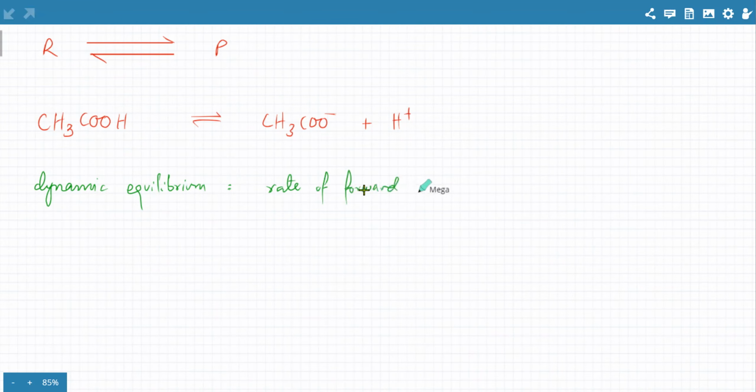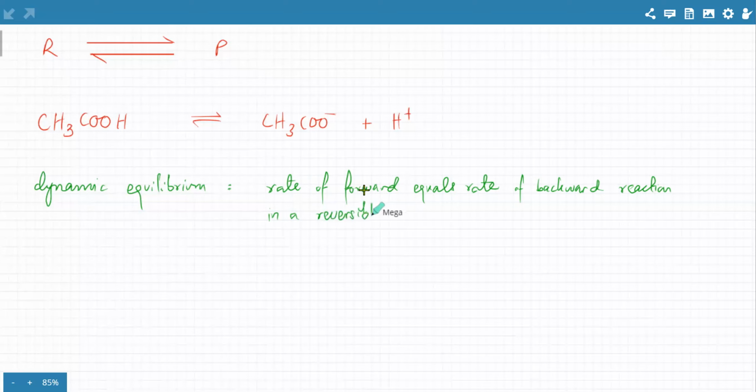The rate of forward equals the rate of backward reaction in a reversible reaction.